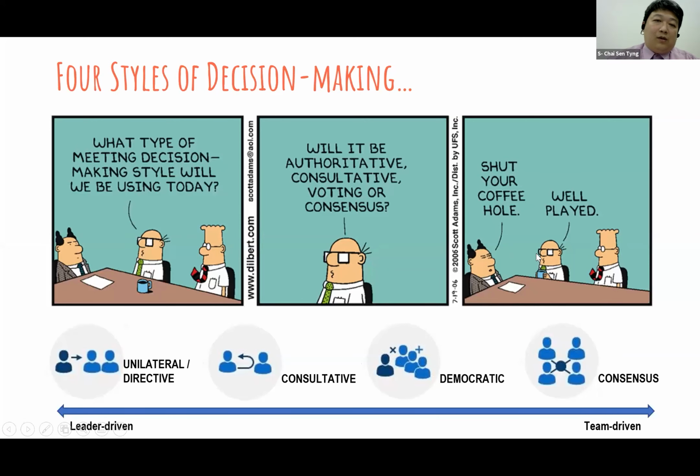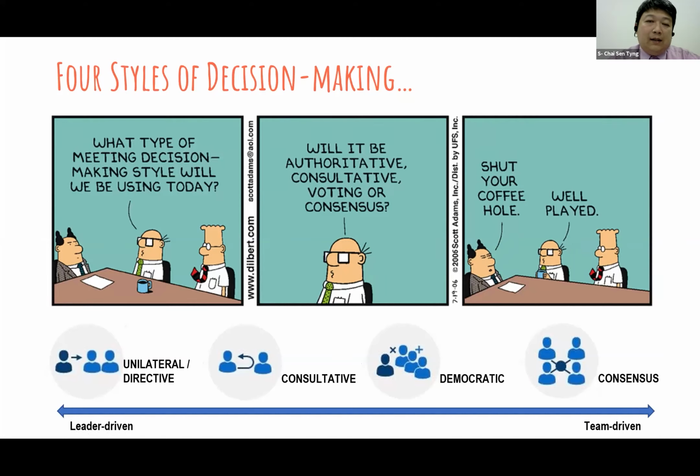So, of course, we are very familiar with the 4 basic styles of decision making. This is a Dilbert strip. I think for cultural reasons in our country and also organizational culture, it is very common to have top-down meeting sessions where the boss will make all sorts of remarks and there won't be much feedback.